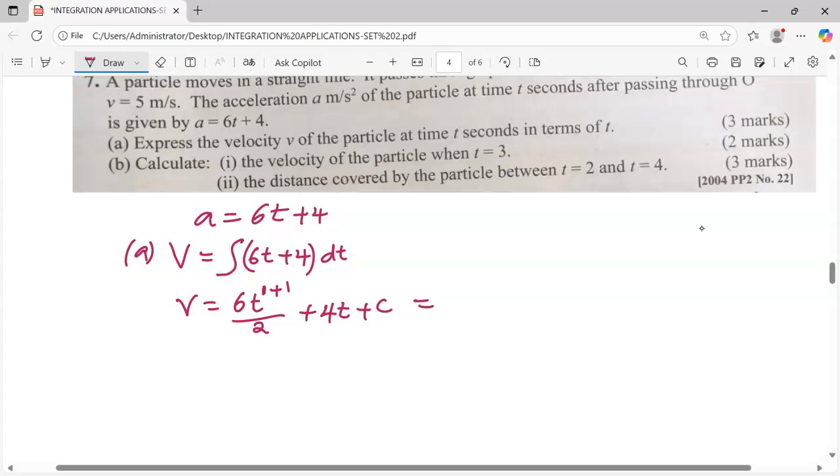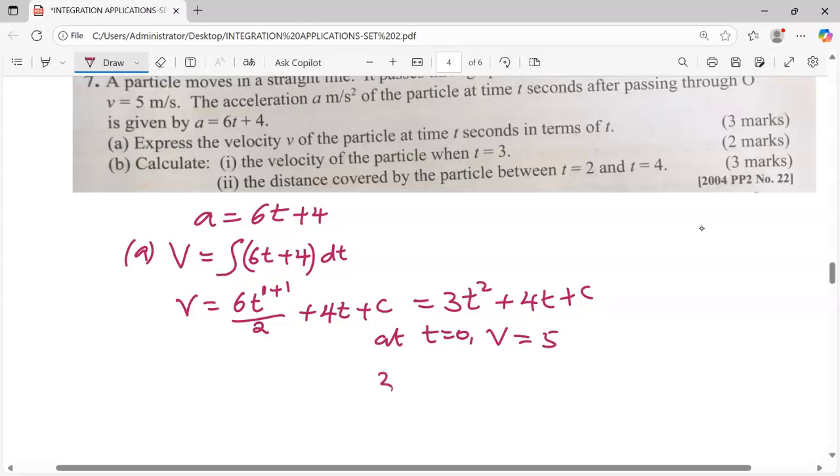This is going to be equal to 2 goes into 6 three times, such that we have 3t squared plus 4t plus c, and we know at t equals 0, the velocity of the particle has been given as 5.